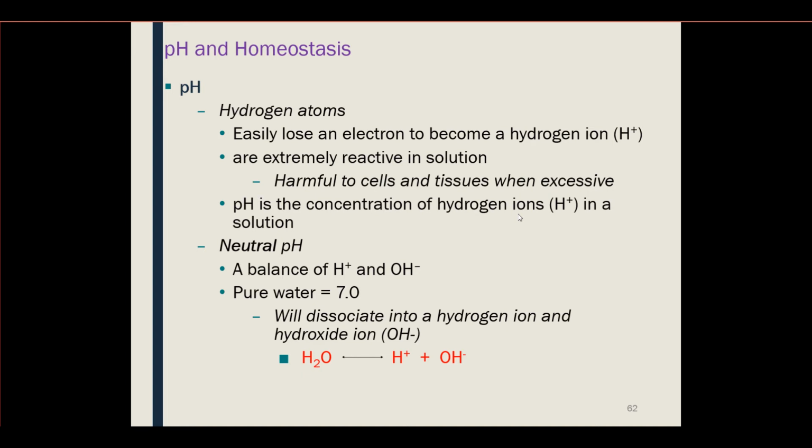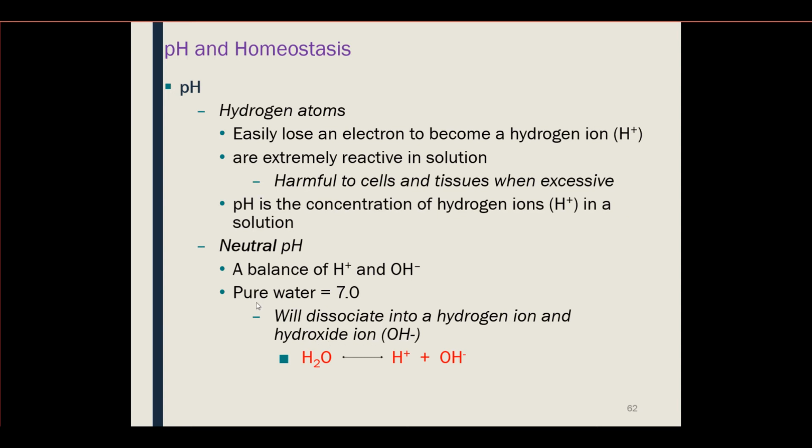This is a state, or a solution, let's say, that is neither acidic nor basic. There's an equal balance of hydrogen, which makes something acidic, and OH, which makes something basic or alkaline. This OH group I have written for you here is known as a hydroxide ion.